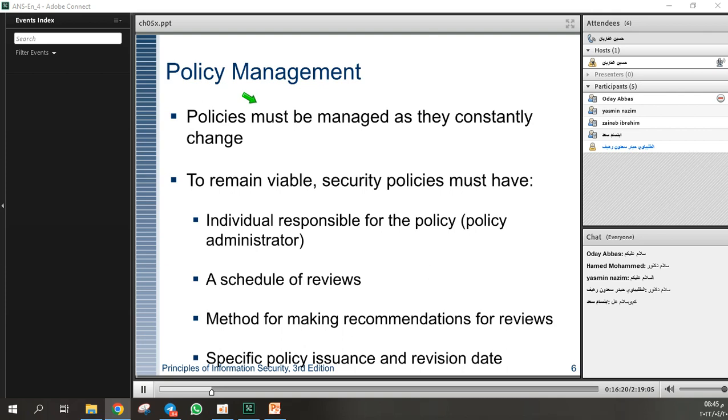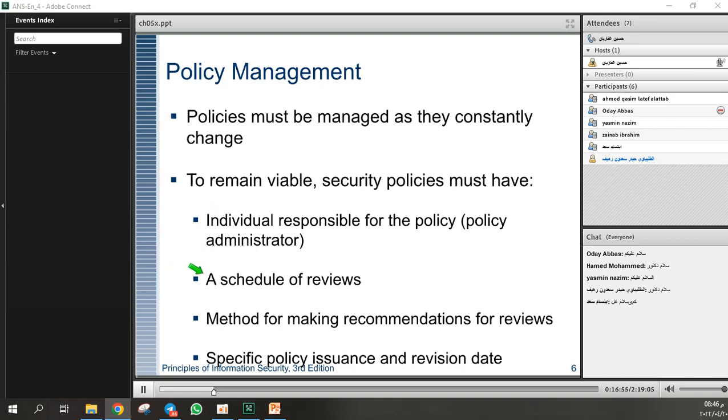They constantly change over time. So we need people who manage those policies. Why? Because they must remain viable. But how? We need some policy administrators who are responsible for that policy.